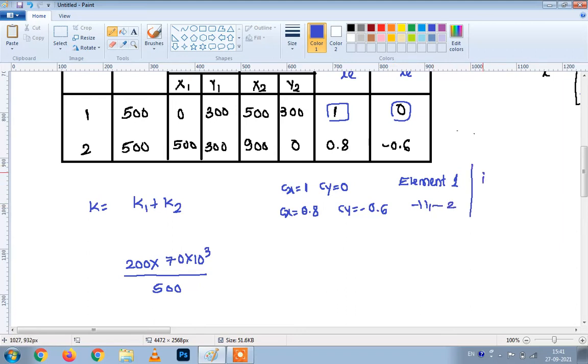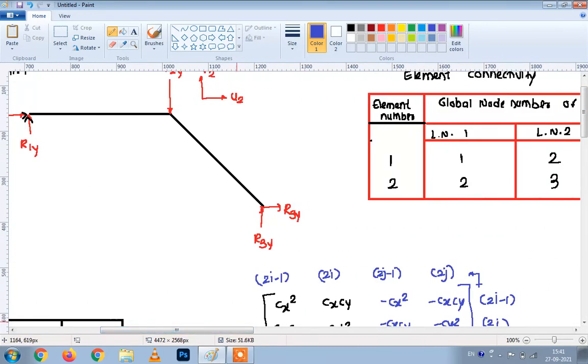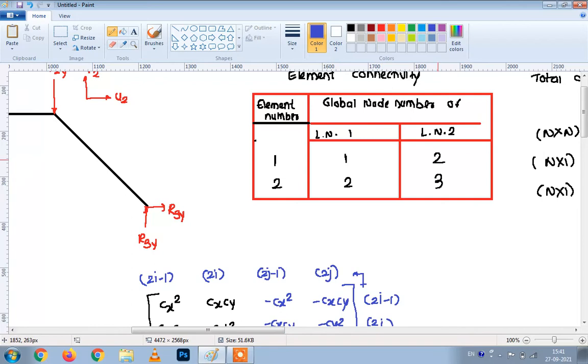Apart from this, we need two values, the value of i and the value of j for element 1 as well as element 2.